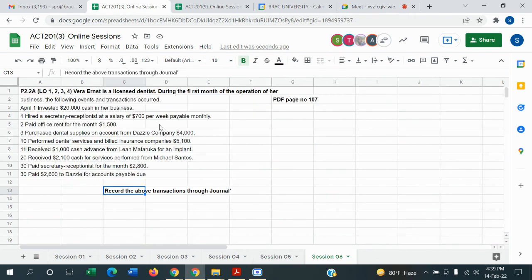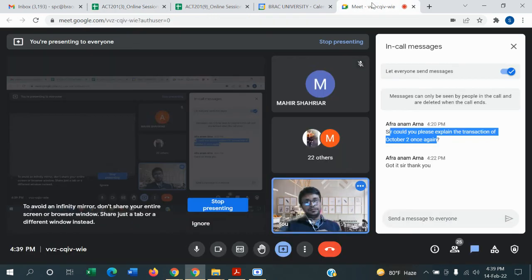We are definitely going to solve this problem in the next session as well. If you have any problems, queries, or issues, we will discuss and try to clear them. But try to be familiar with how to do the journals more efficiently by applying the debit credit rule and by analyzing the transactions. So this is the main objective.